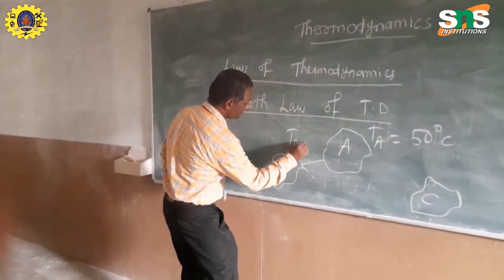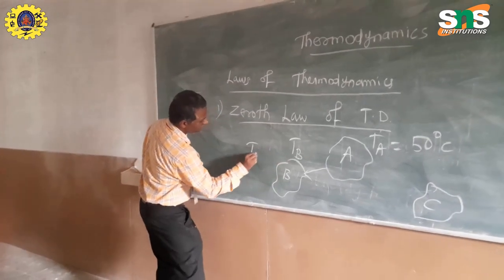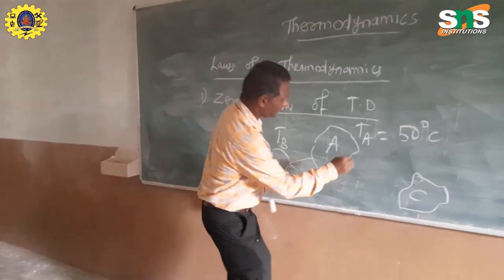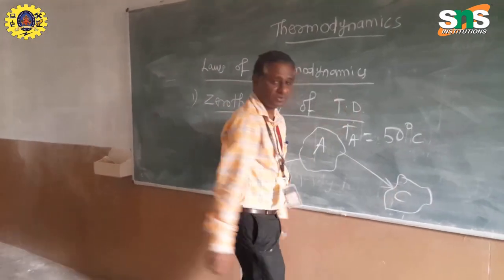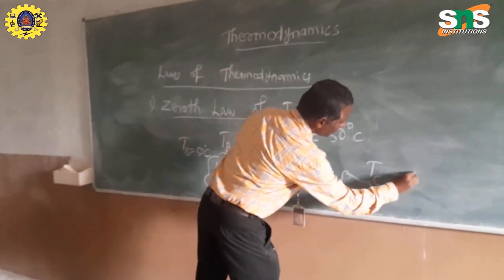So TA equals TB; here I am saying TB is also 50 degrees Celsius. And A and C are also thermally equal, so TC is also 50 degrees Celsius.